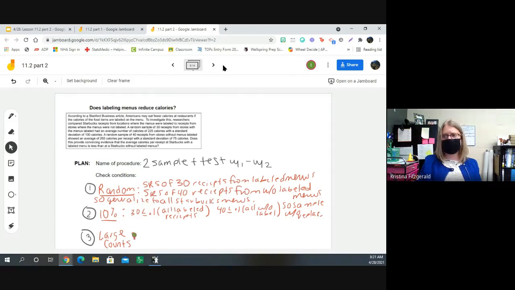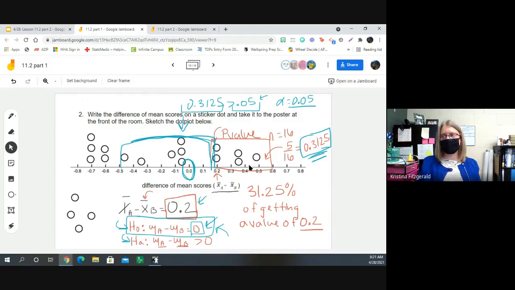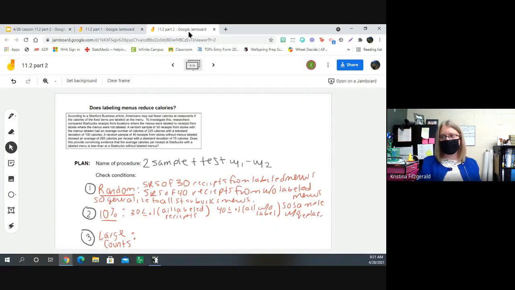Large counts. You've got a couple options. Either they tell you the population is normal, so they could say all Starbucks receipts ever follow a normal pattern. They didn't do that. The other option is they give you some data and you see if it's kind of normal-ish, like yesterday's example, where it looks kind of bell-shaped. We don't have that either. So our other option is the central limit theorem.